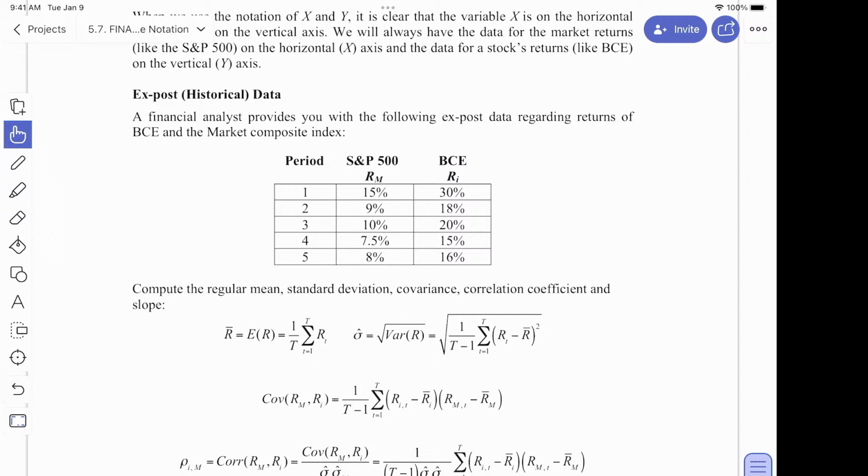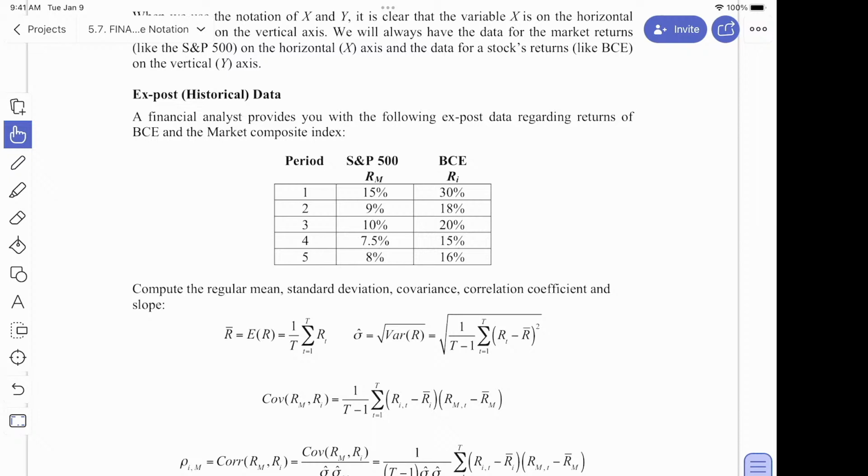Okay. So if one is just the double of the other, what is the correlation between them? What is the correlation between these two columns, these two variables?